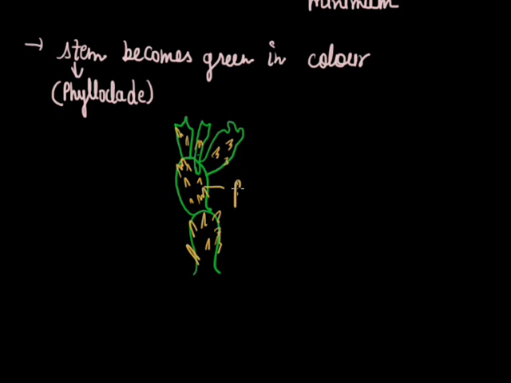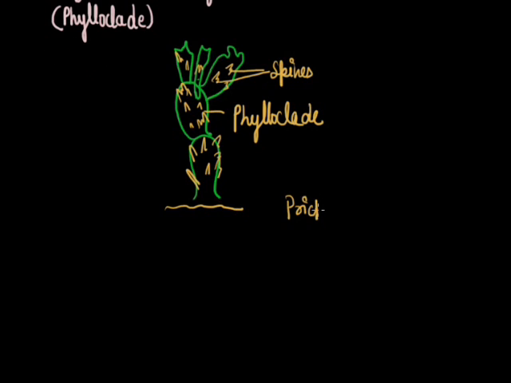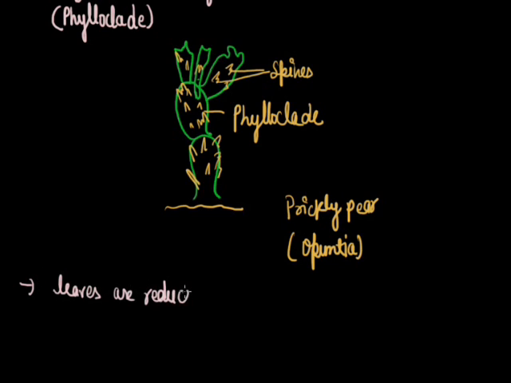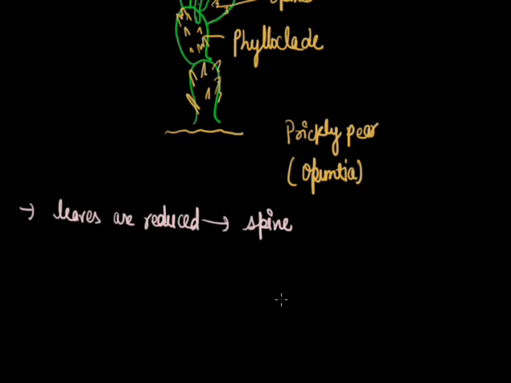This is phylloclade. These are spines. The leaves are reduced to spines or scales in euphorbia.